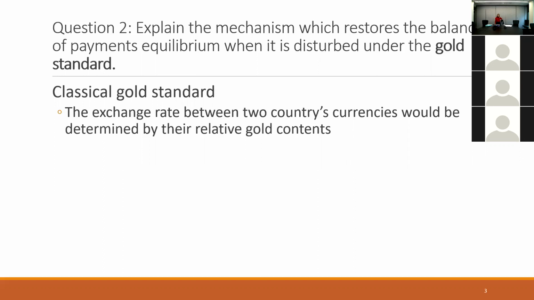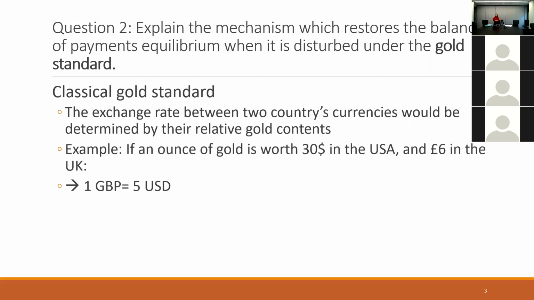And then when you want to work out the exchange rate between countries, you just have to work out their relative gold content, right? So as an example, if I look at the US, for every ounce of gold in the US, it is traded at $30, and in the UK, for every ounce of gold, it is traded at £6, right?